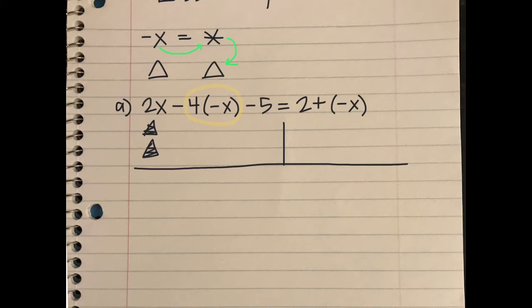So this is the same as saying that we need to take away 4 stars. Remember, this is the same as star, but we don't have any stars. So we're back to bringing in a 0 pair. There's 4 stars and 4 x's.